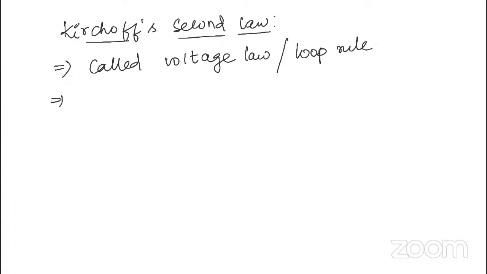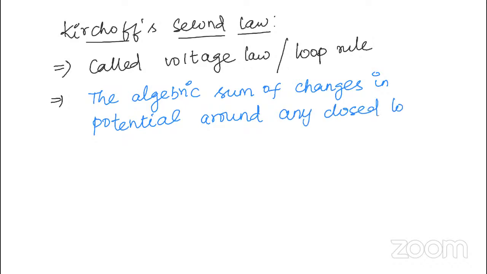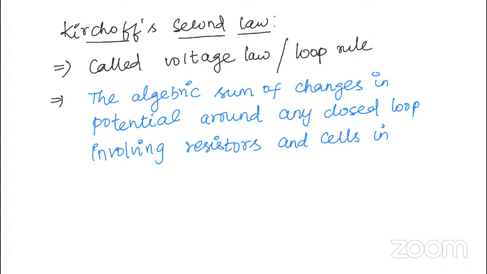Here the statement is: the algebraic sum of changes in potential around any closed loop involving resistors and cells in the loop is 0.